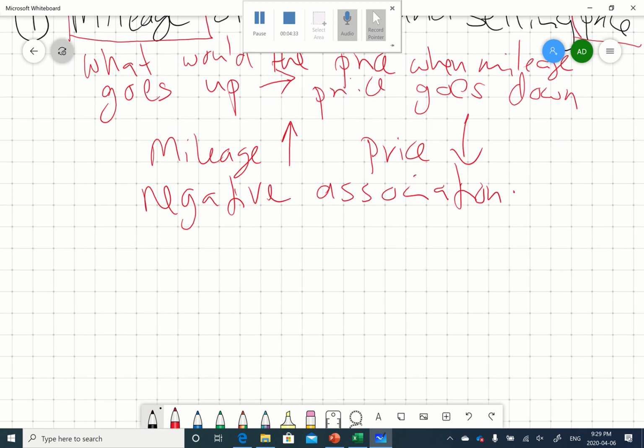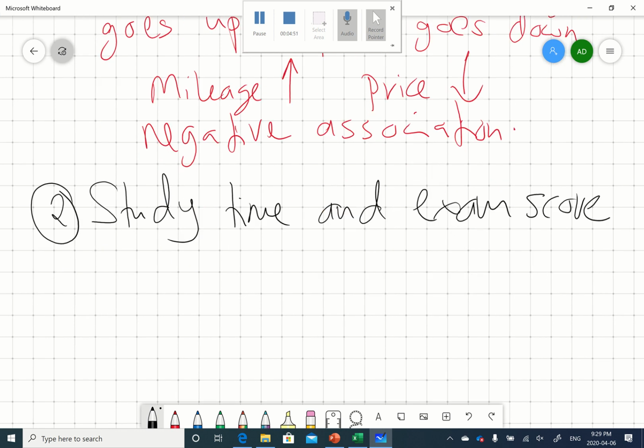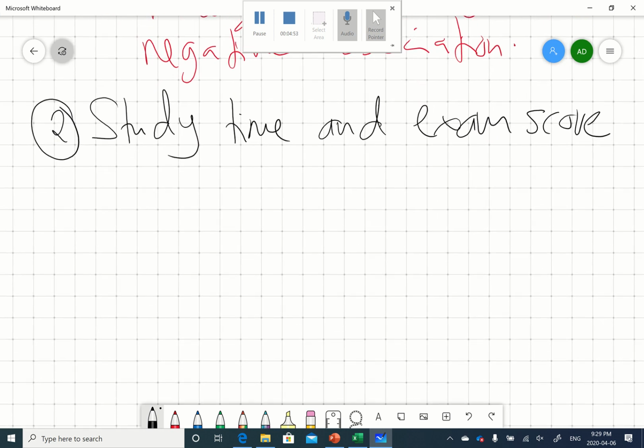And then another example: think about your study time for preparing for your exam, study time and your exam score. What do you think? By your common sense, if you study a little more, you could land on a better grade, right?